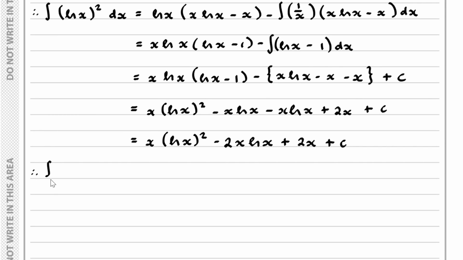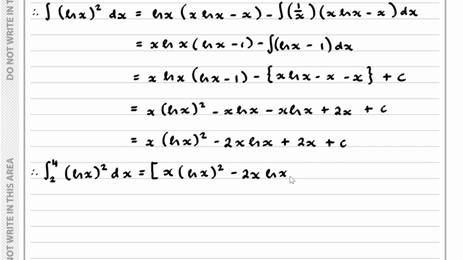So the integral from 2 to 4 of natural log of x all squared with respect to x is equal to x times natural log of x all squared minus 2x times natural log of x plus 2x in between 2 and 4.